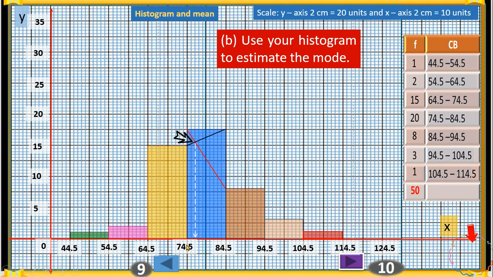So if this is 74.5, this should be 75.5. This should be 76.5. So therefore, the mode is equal to 76.5 for the number of bats in this particular local government.